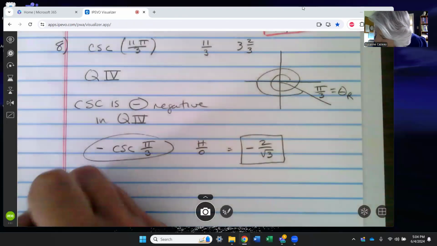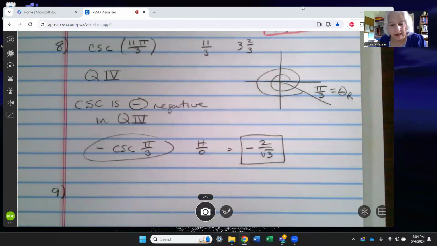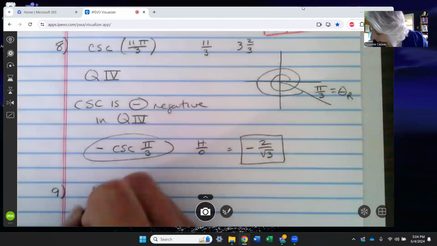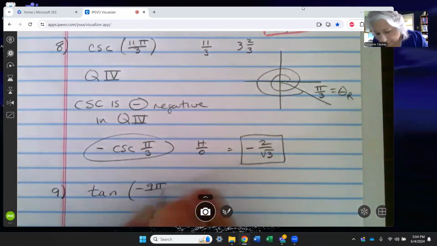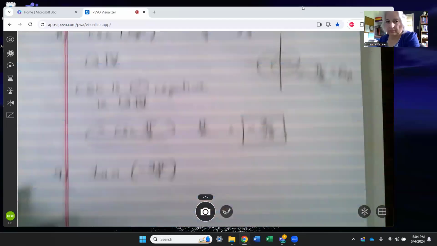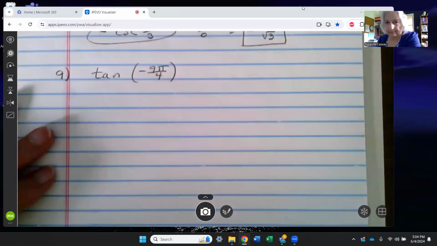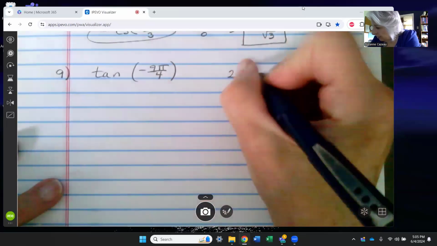Number 9. Find the exact value. Okay, so this is a similar problem, only now we've got tangent of negative 9 pi over 4. So 4 goes into 9 twice with 1 left over.